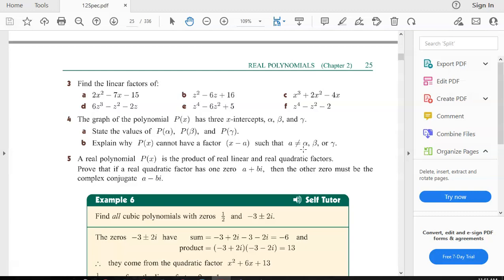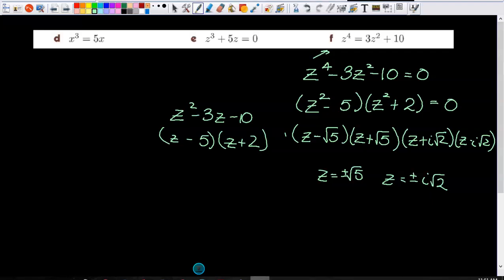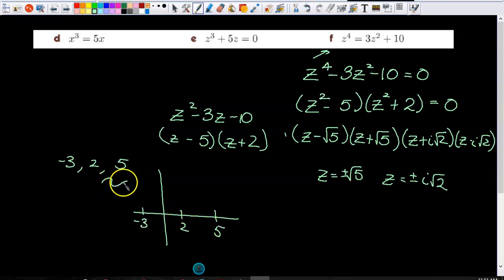So, does that make sense to people? If we were doing that as a diagram, if we said, okay, we've got -3, we've got 2, and we've got 5 as zeros, whether it be a cubic, a quartic, I'm going to draw something bizarre. So let's say here we've got -3, here we've got 2, here we've got 5. It could be whatever is going on up here.